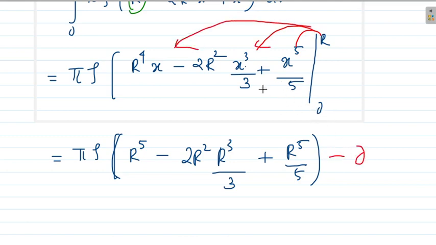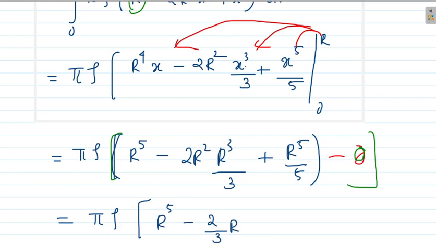The lower limit is 0. When we substitute 0 here in this term, you will get 0. Now let us simplify this term. Pi rho into r raised to 5 minus 2 by 3 r raised to 5 plus r raised to 5 by 5.